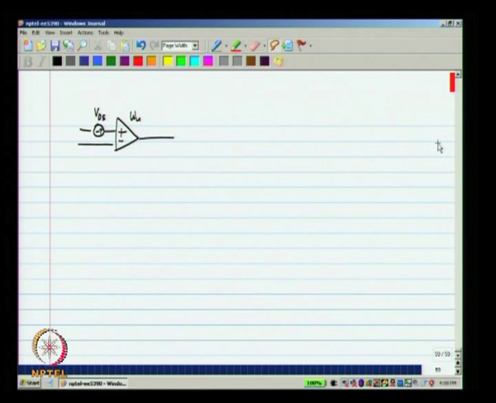Now, what does this do to our circuit? It depends on which circuit we are talking about. In general, you can see that what is being compared by the op amp is not the voltages V1 and V2, but V1 minus V2 plus VOS. There is an error that is added to the comparison.